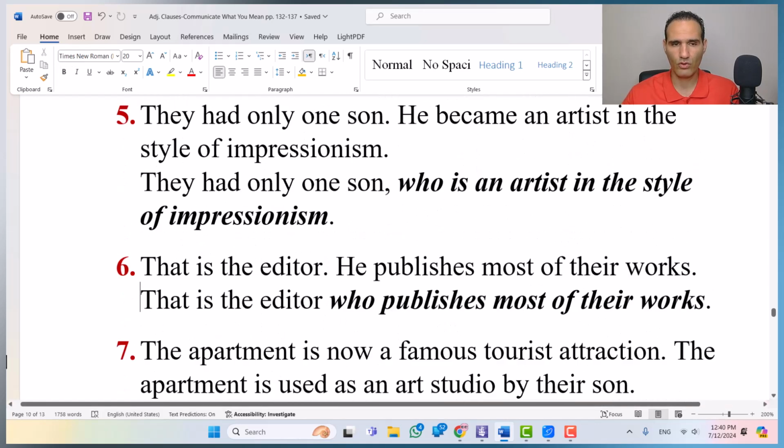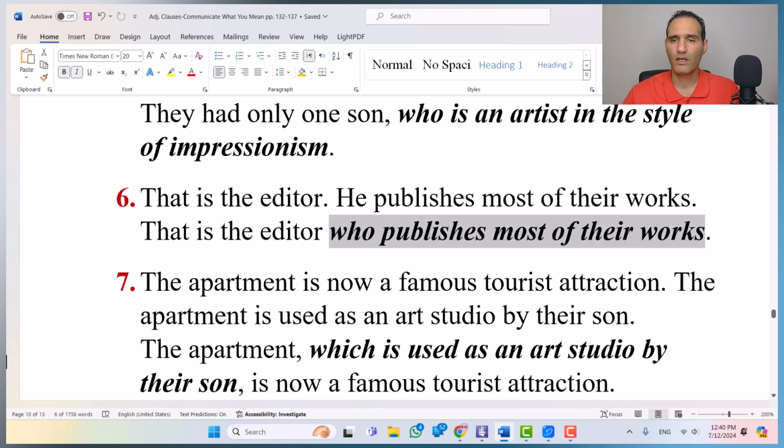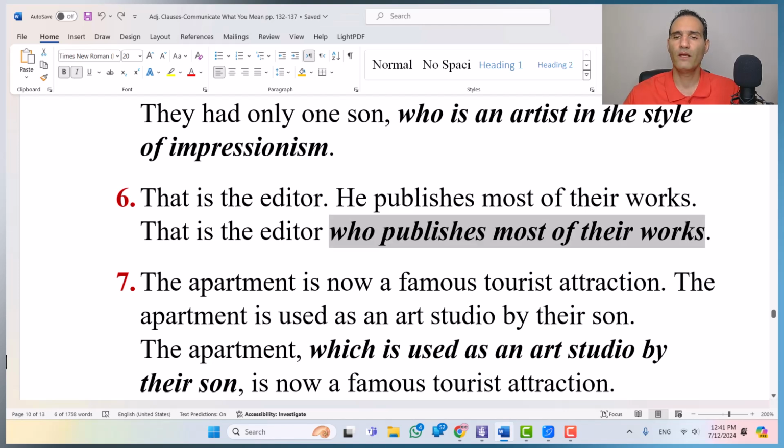Most of. So here we say that is the editor who publishes most of their works. It is not all of their works, and the meaning of the sentence will be incomplete without it. That is the editor. What does that mean? So necessary adjective clause, no comma, and works means the thing that usually an artist produces.